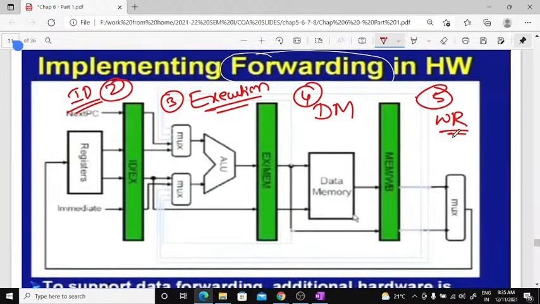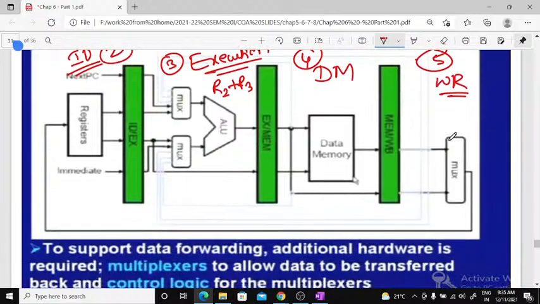So here what we are doing, actually an addition operation is happening here, the addition of R2 plus R3 takes place. Okay, so here we are using some multiplexer circuits and here we are taking the data.